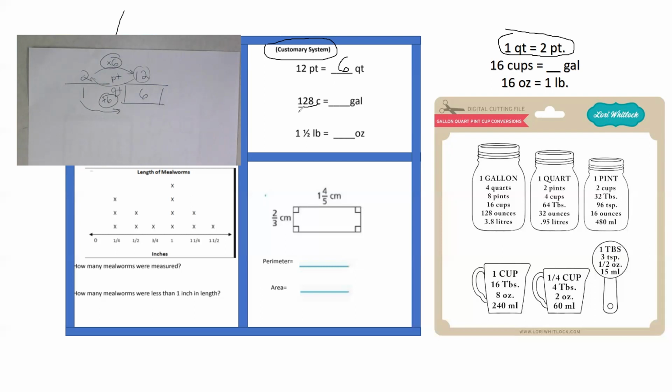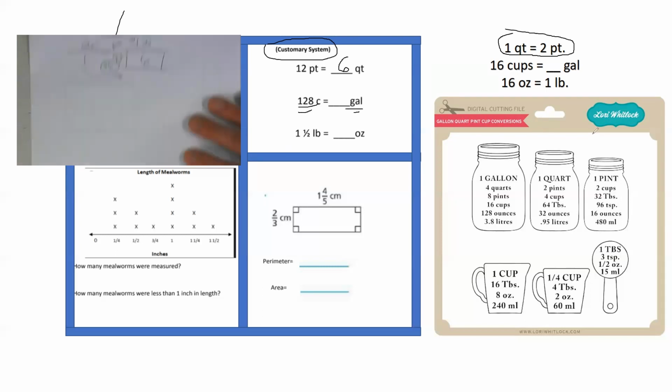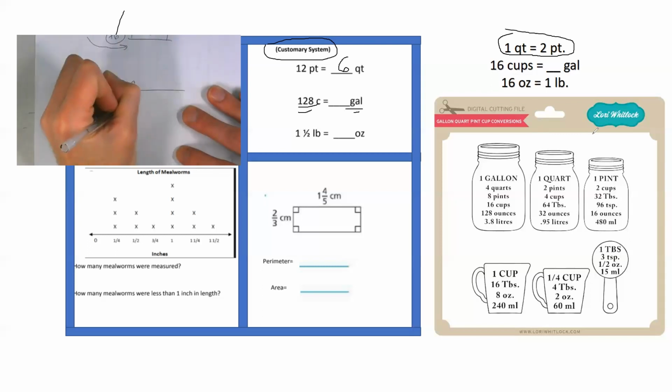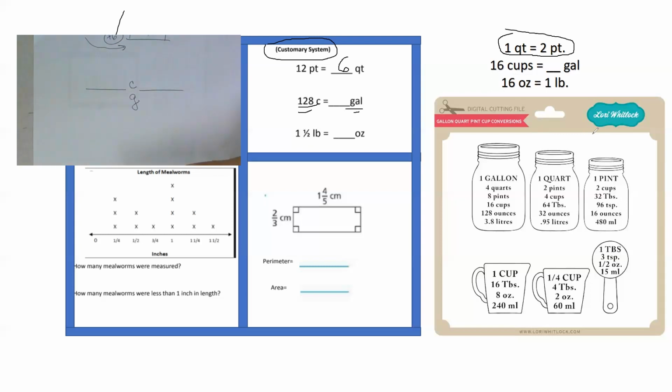Ooh, this one looks a little bit more on the nasty side. Cups to gallons. Well, what do we know the relationship? Well, we know 1 gallon is equal to 16 cups.